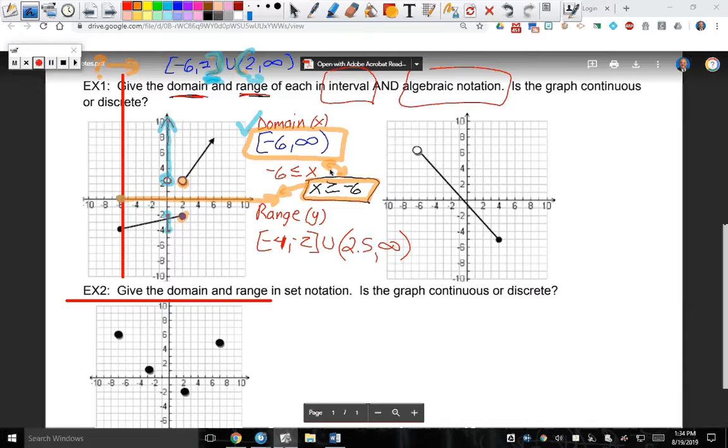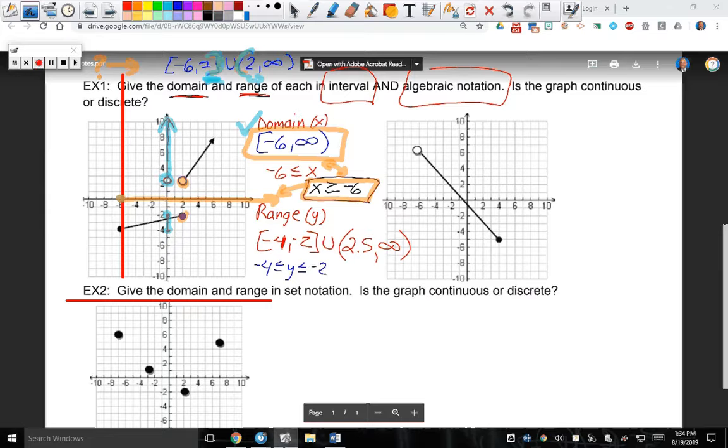All right, let's look at the y. Let's go with Gina. On the range, how would you write the inequality for y? You do -4 is less than or equal to y, less than or equal to -2. Yeah.